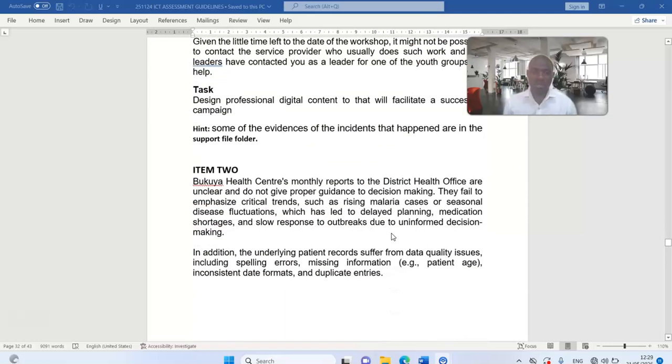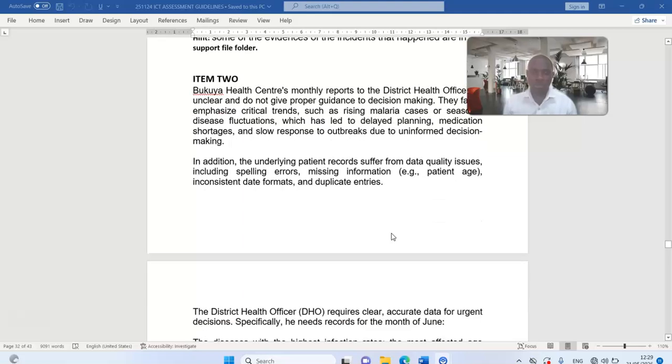So that means whenever you come to this number 2, please try as much as possible to use Microsoft Excel and Microsoft Access, so that you can bring out that skill in you of file and data management.